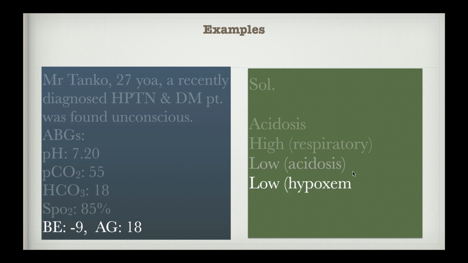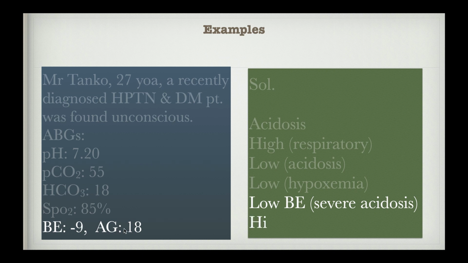Then we have an SpO2 of 85, which is low, pointing to hypoxemia. Then the base excess is -9, which is severe acidosis, and the anion gap of 18 is also high, indicating diabetic ketoacidosis. And so the cause of this patient's respiratory acidosis is a result of diabetic ketoacidosis.